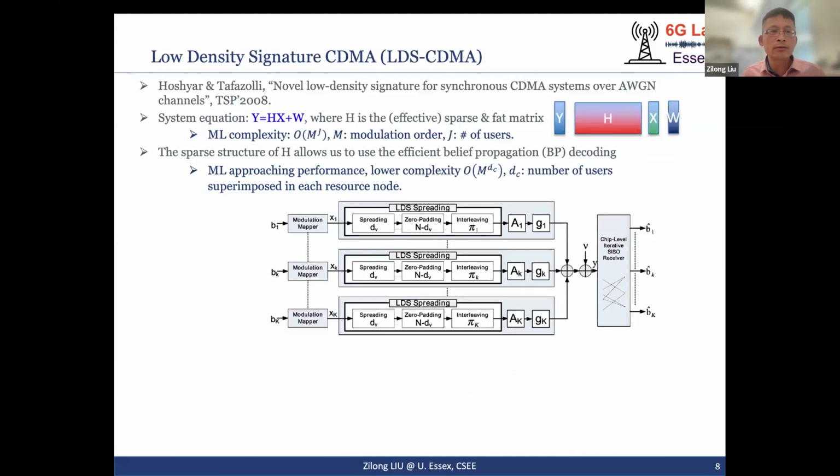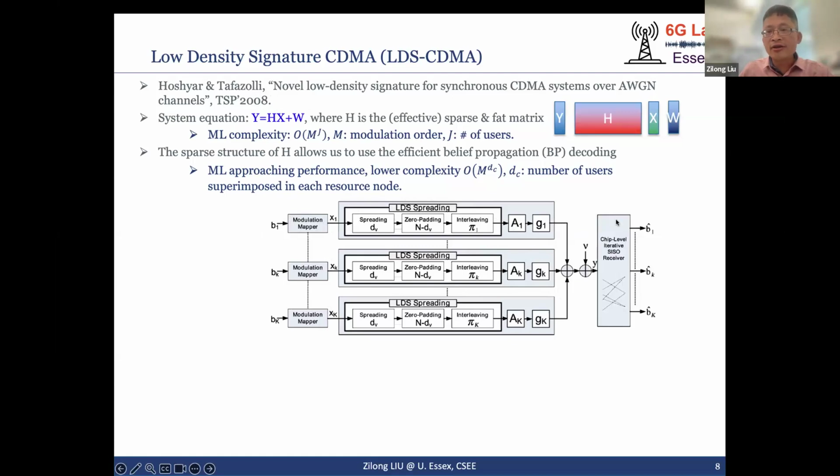So first of all, let me introduce the original idea of SCMA. It is called low density signature CDMA. Such a paper was published in 2008. Now we can see the transmitter here. Basically, it is essentially the same CDMA transmitter, where every user carries out symbol modulation followed by spreading.